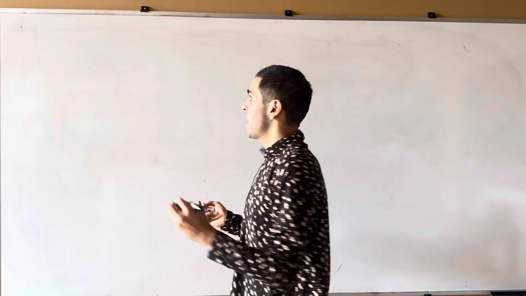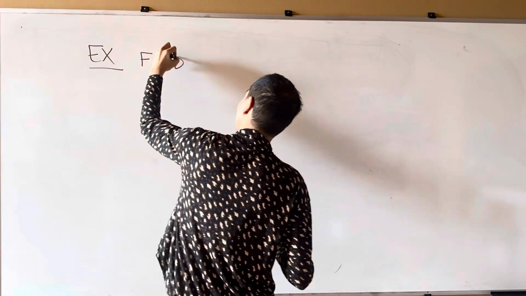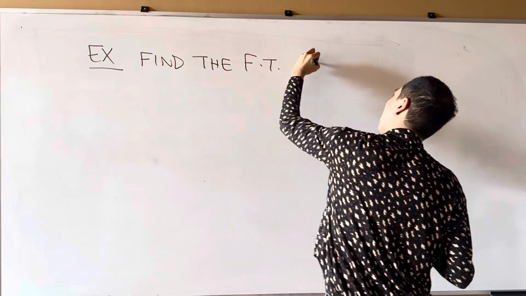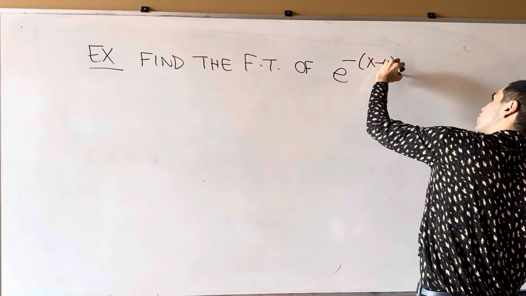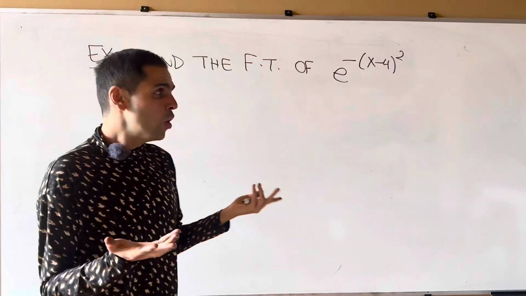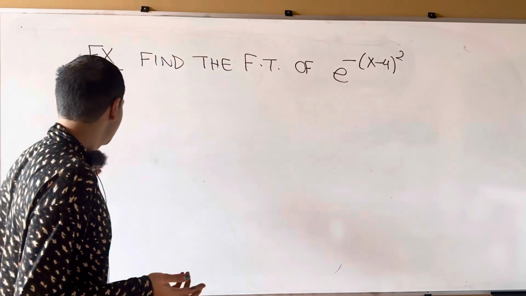So the first example is find the Fourier transform of e to the minus (x minus 4) squared, which, notice, is the Fourier transform of a shifted Gaussian.